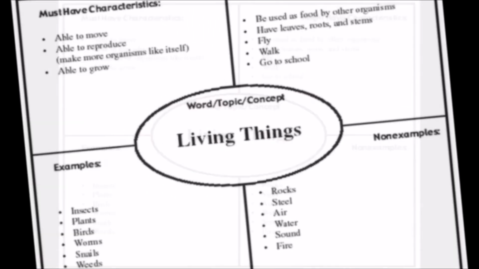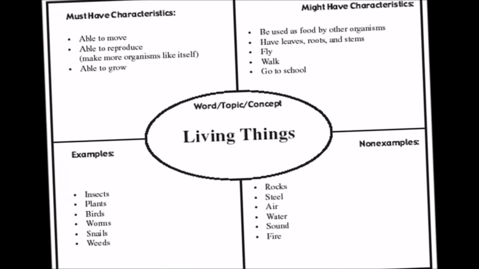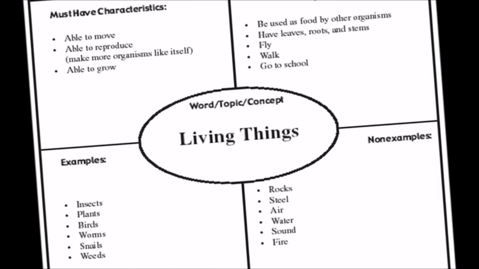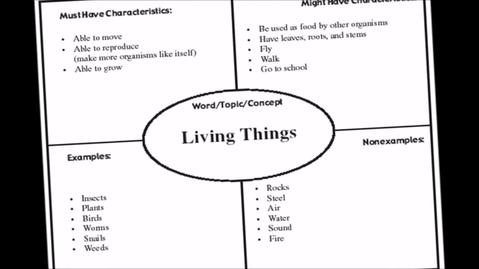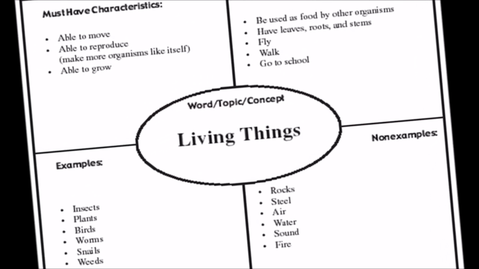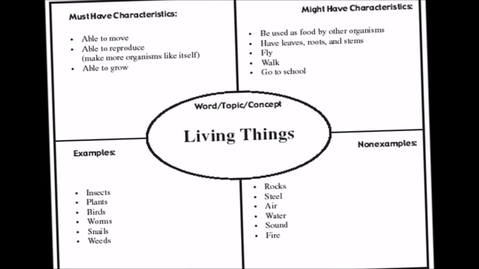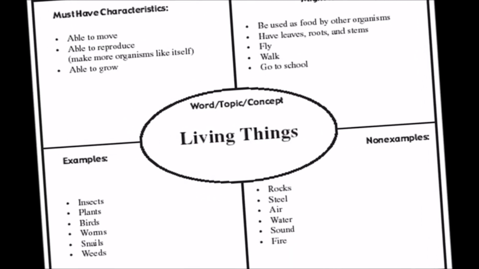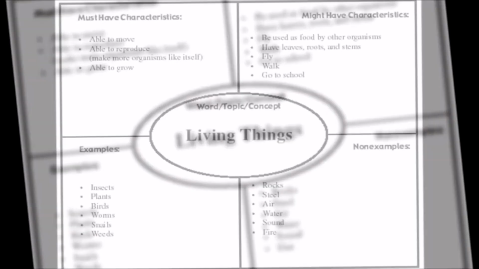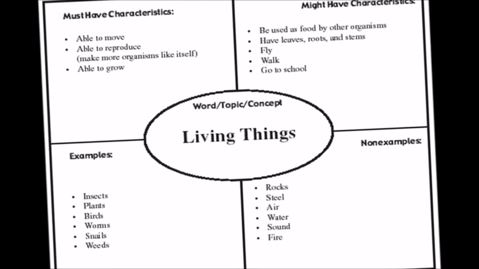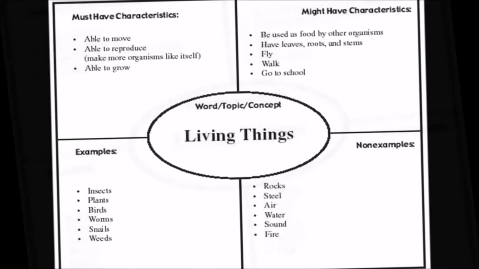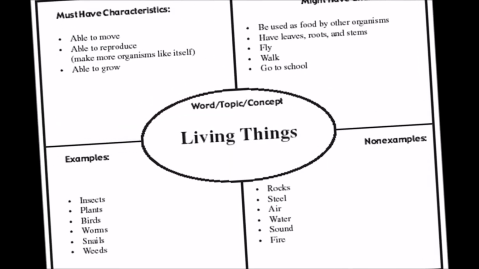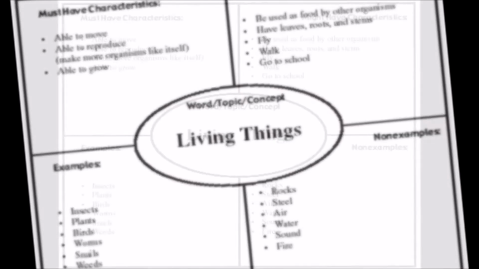They also must have characteristics like being used as food by other organisms, having leaves, roots and stems, can fly, can walk, can go to school. So here are the examples like insects, plants, birds, worms, snails and weeds. And there are also non-examples like rock, steel, air, water, sound and fire.